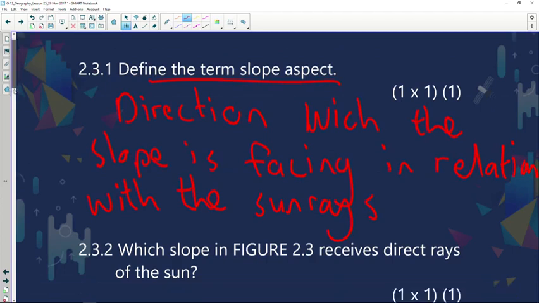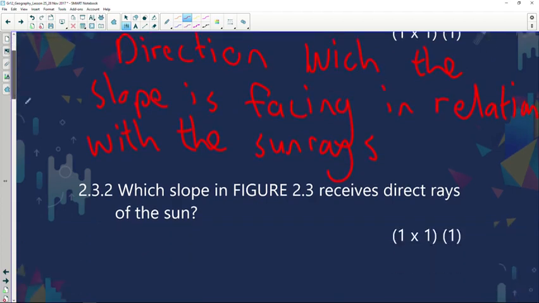Now, if you look at the figure, which slope in figure 2.3 receives the direct rays of the sun, or insolation? That will be the north-facing slopes. I will go back to the diagram right now.